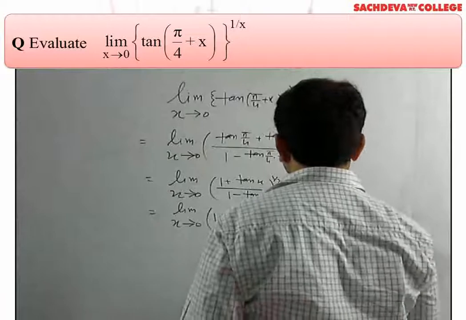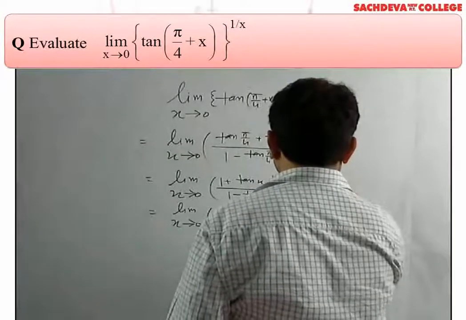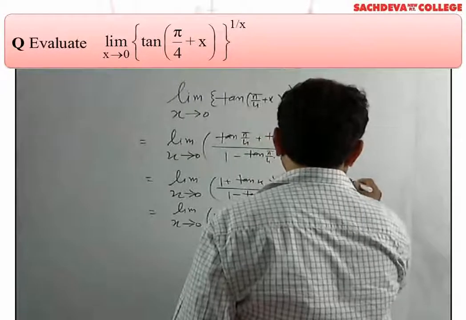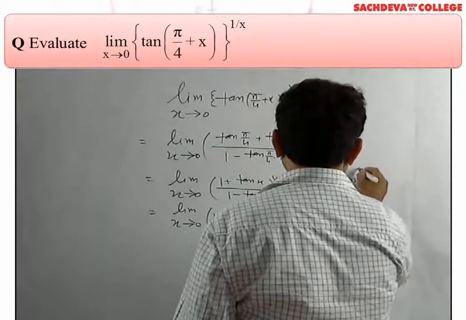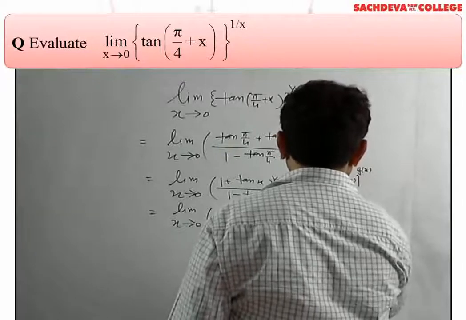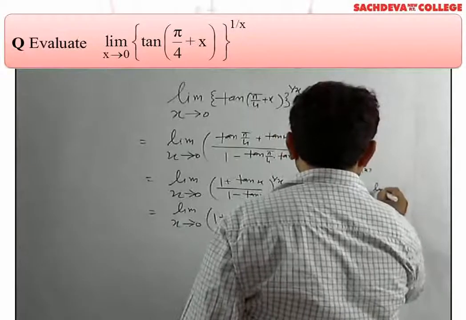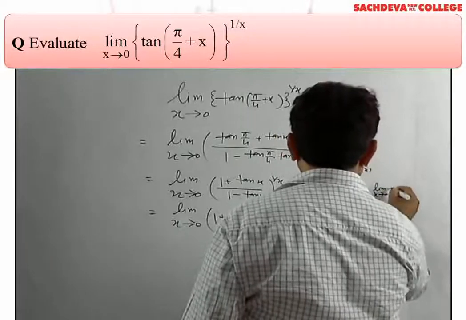We apply here the 1 to the power infinity form. We know that limit x tends to a, f(x) to the power g(x) is equal to limit x tends to a f(x) to the power limit x tends to a g(x).